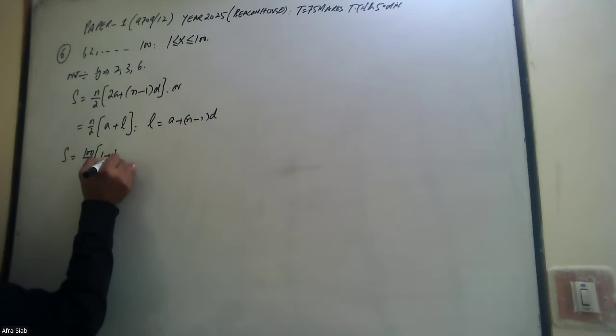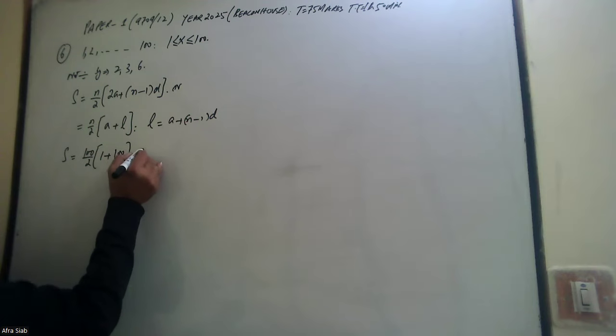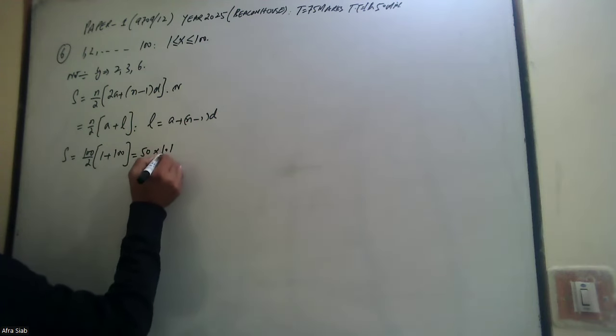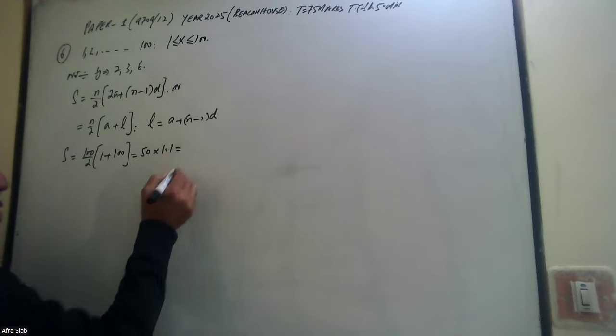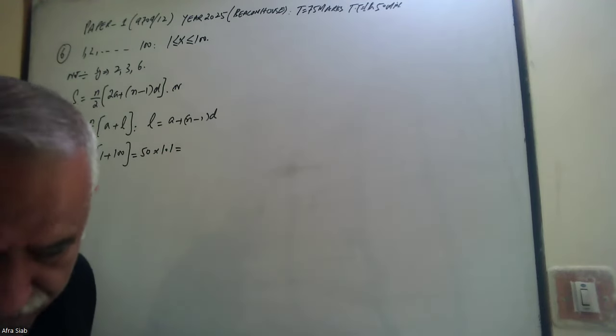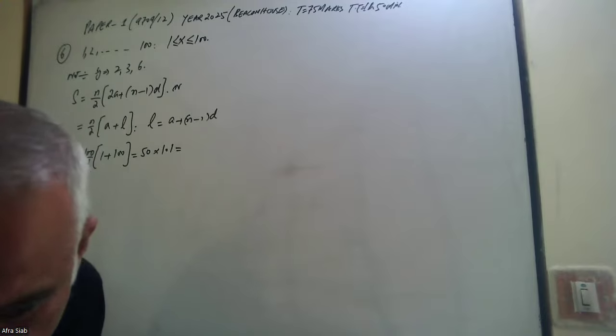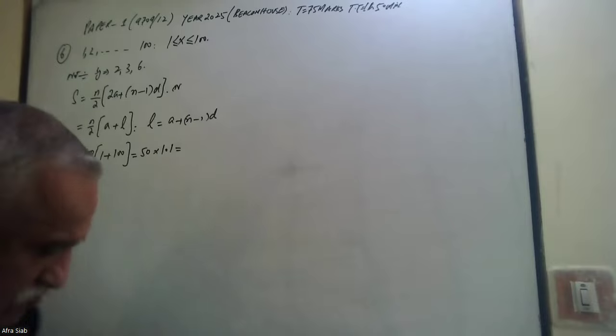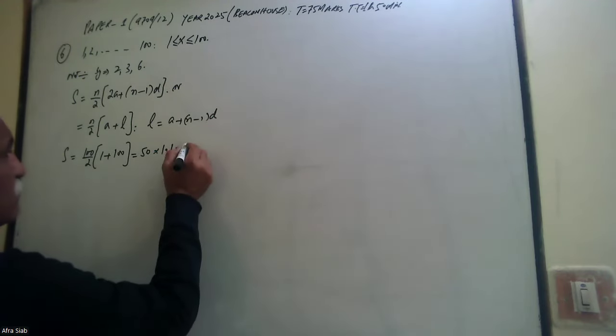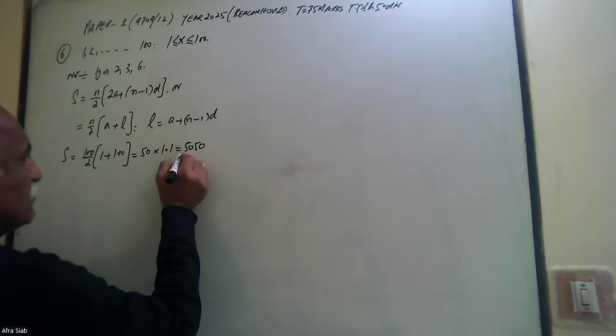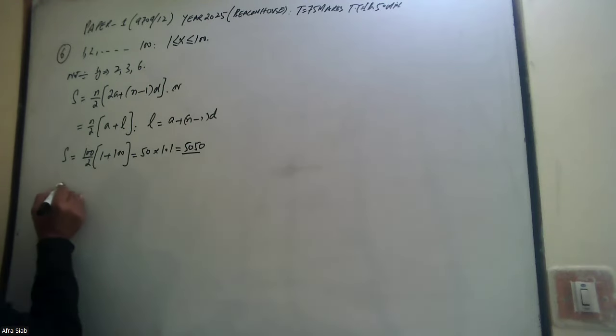The first term is 1 and the last term is 100. So it should be equal to 50 into 101, which is equal to 5050.